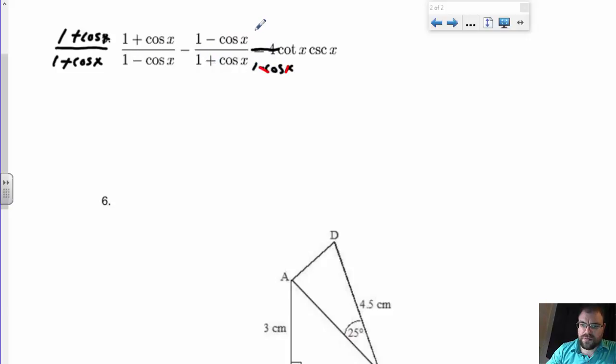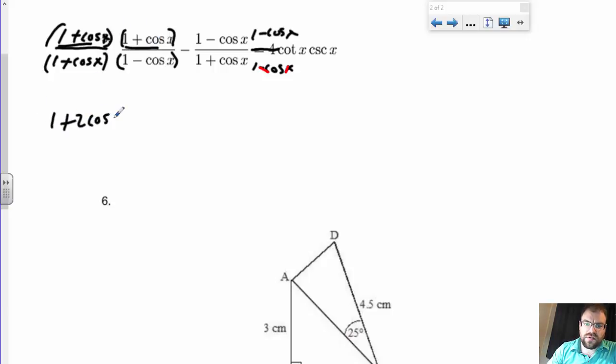All right. Okay, so let's go ahead and do that. What we're now going to do is multiply these out. Okay, this times this and this times this. Okay, so if I multiply this top by this top, if I FOIL it, in other words, it's going to end up being 1 plus 2 cosine x plus cosine squared x. If I multiply this by this, if I FOIL it, in other words, I'm going to get 1 minus cosine squared x.